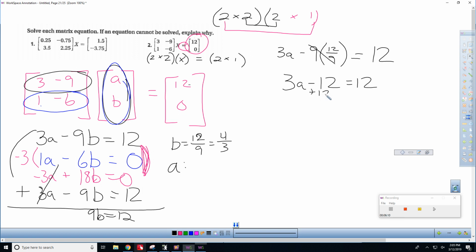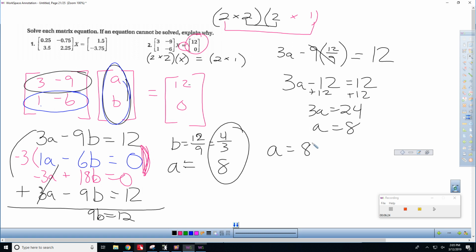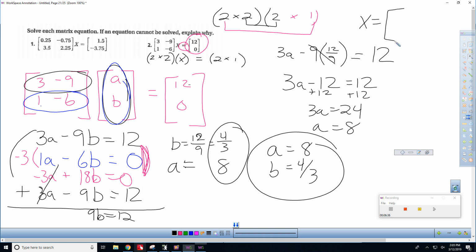Add 12 to both sides. 3A is 24. A is 8. So A is 8. Let's get these in order. B is 4/3. That's the answer to this question. A and B look like this, so you would say X, sorry, I'm running out of room. X is, which one's on top? A. 8, it's the 2x1 matrix that looks like that.